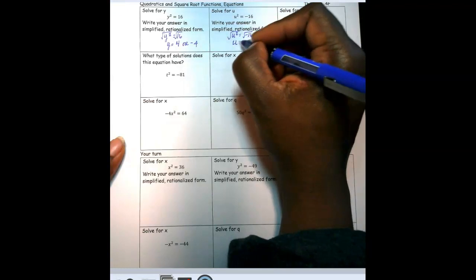And we have u squared is equal to negative 16. Now if you remember, I told you that when we see the negative, that basically is i. So we take the square root of both sides, and what happens is this i comes out.